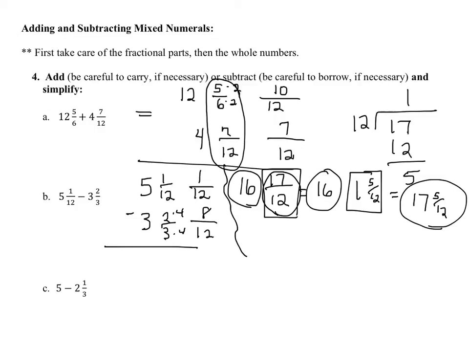So this is what I do. I'm going to borrow a whole number. So borrow from the 5, I get 4. Now you're saying, okay, I'm borrowing a 1. So really what I'm borrowing is 12/12. So this becomes 13. 12 plus 1 is 13.